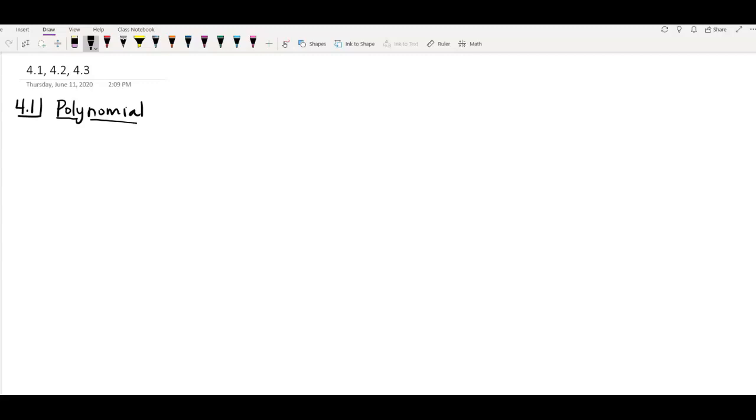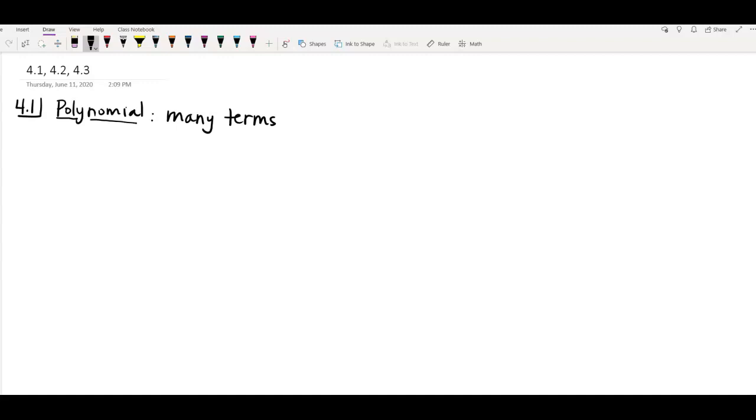I'm not sure exactly how that's considered in English. But poly means many, and nomial means terms. So this directly translates to something with many terms. So when we're talking about polynomials, that's what we're dealing with.